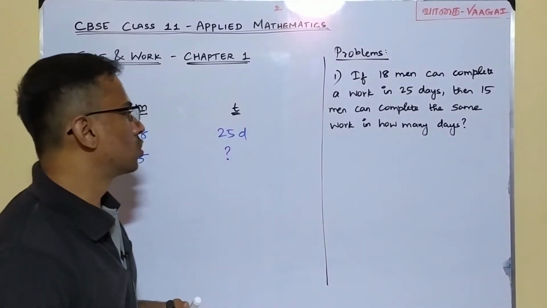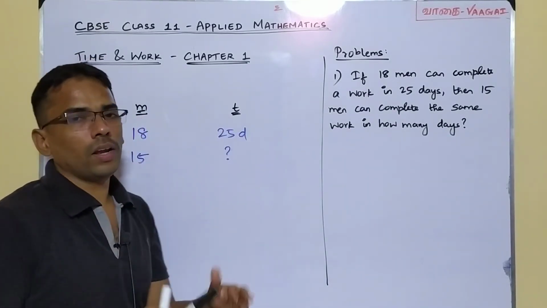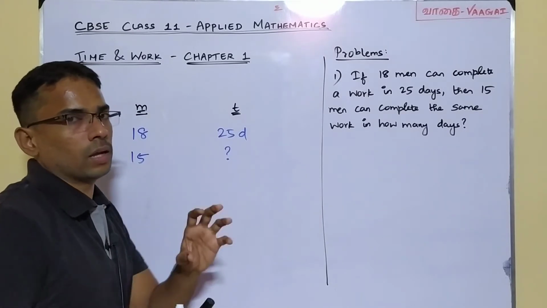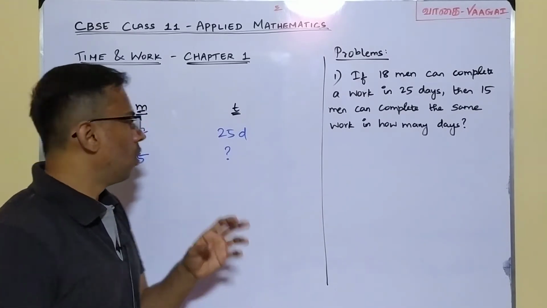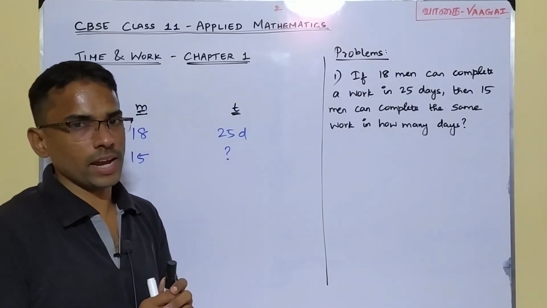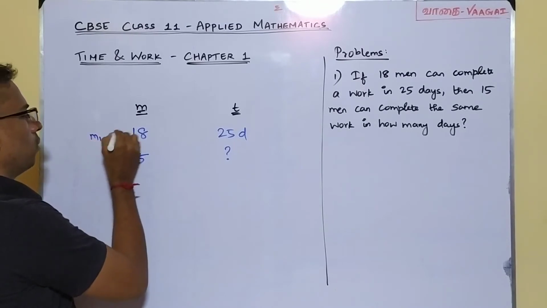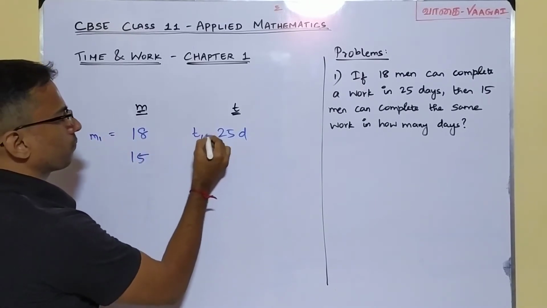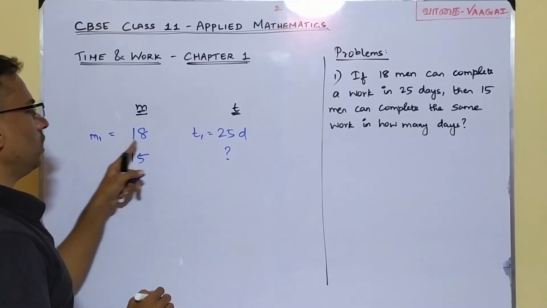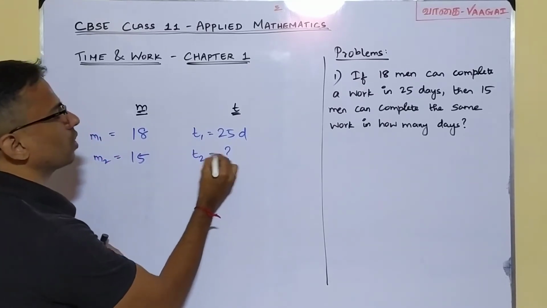We very well know that manpower and time are inversely proportional, and in that case their product is a constant. Whenever I multiply them, it will always be a constant. So we can take this as M1 and this as T1, and this will be M2, and we are supposed to find the value of T2.